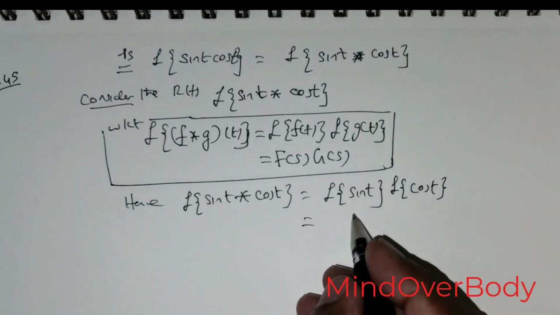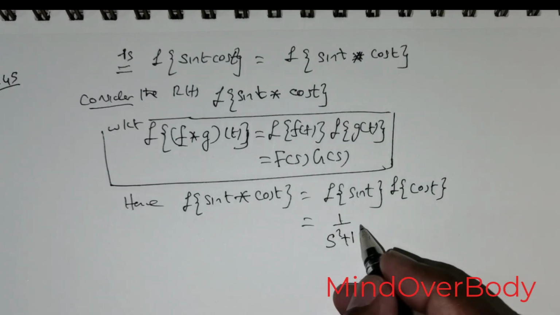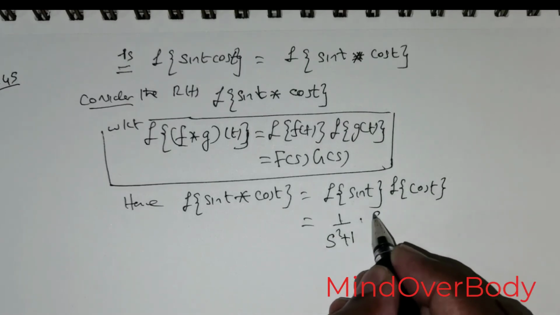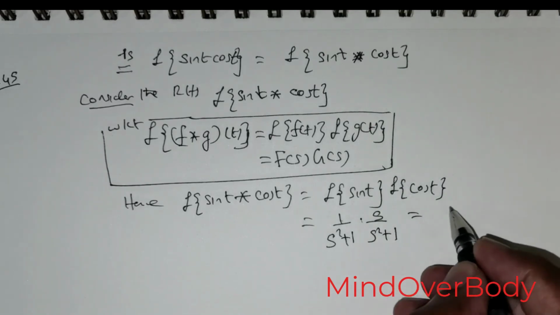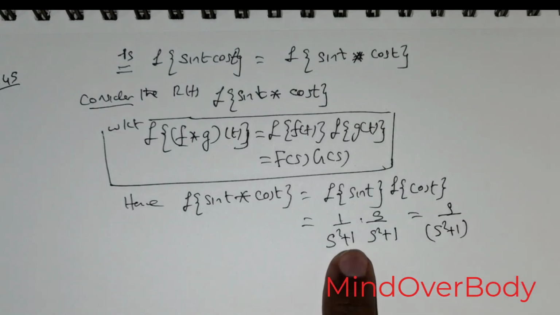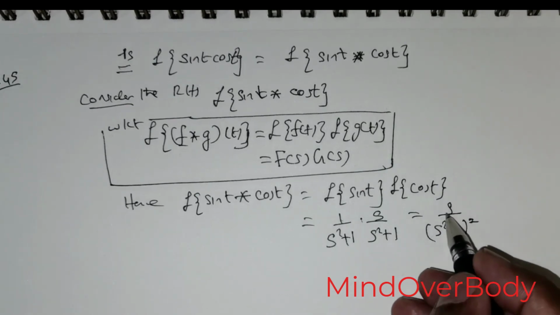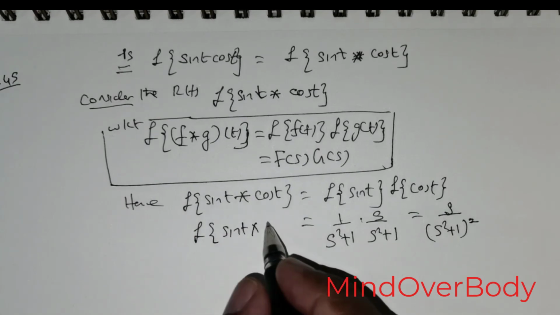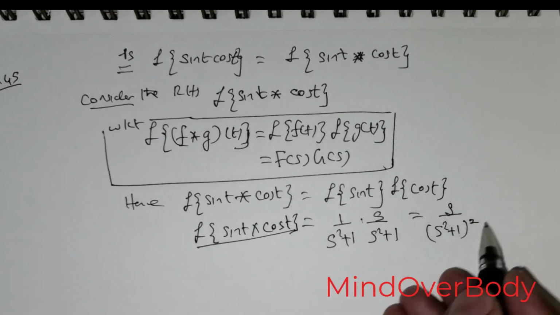But what is Laplace transform of sin t? It's going to be 1 over s squared plus 1, so we can write it as 1 times Laplace transform of cos t, which is s over s squared plus 1. So I can rewrite this as s over (s squared plus 1) times (s squared plus 1). So that's going to be s over (s squared plus 1) raised to the power of 2. This is nothing but Laplace transform of sin t convoluted with cos t.